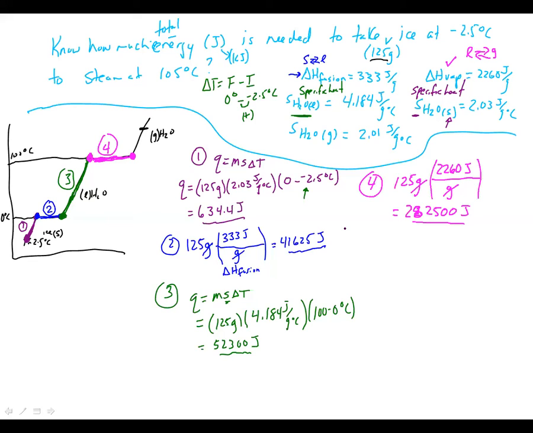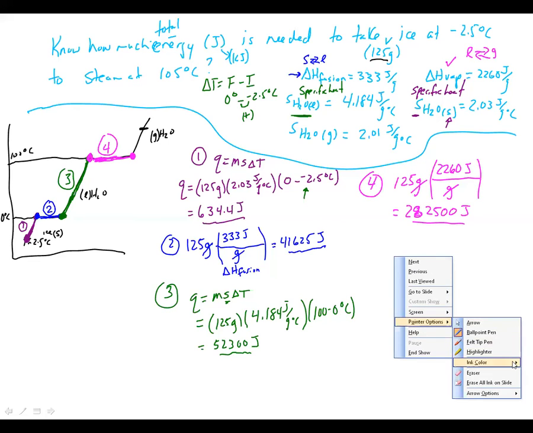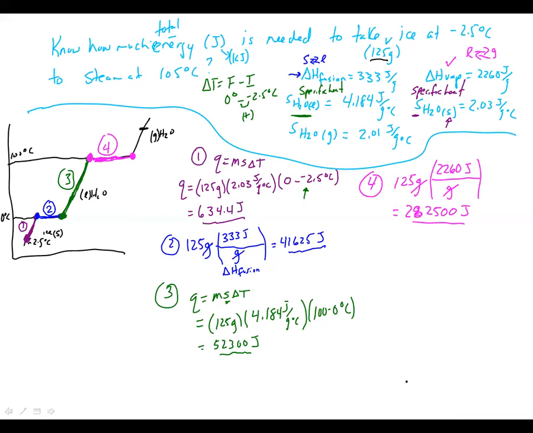The problem is we want to go to 105 degrees Celsius. So that means we have one last step to do here. And this last step, we'll just go with gray, is going to take it from 100 degrees Celsius steam to steam at 105 degrees Celsius.